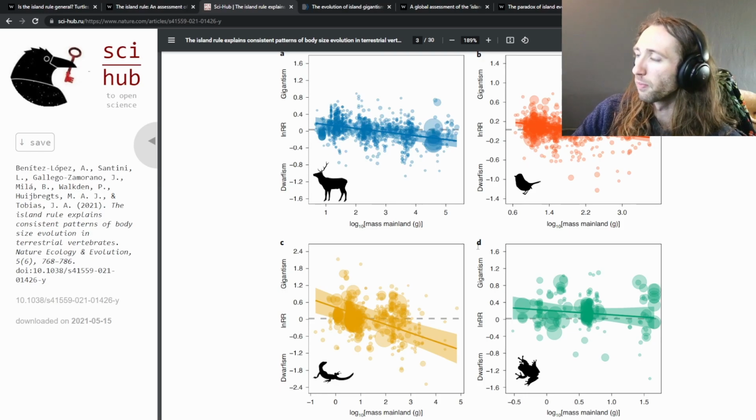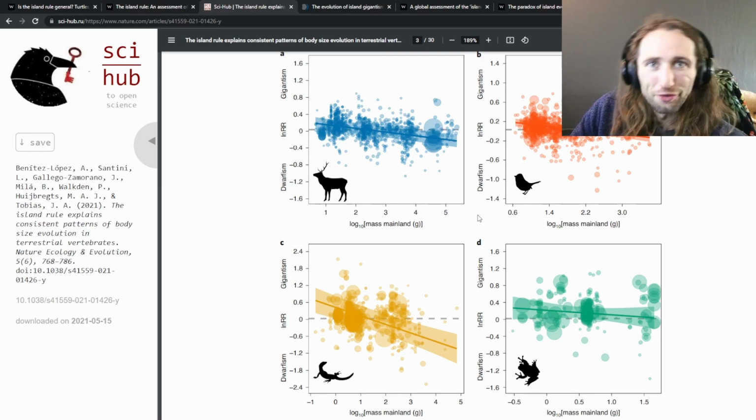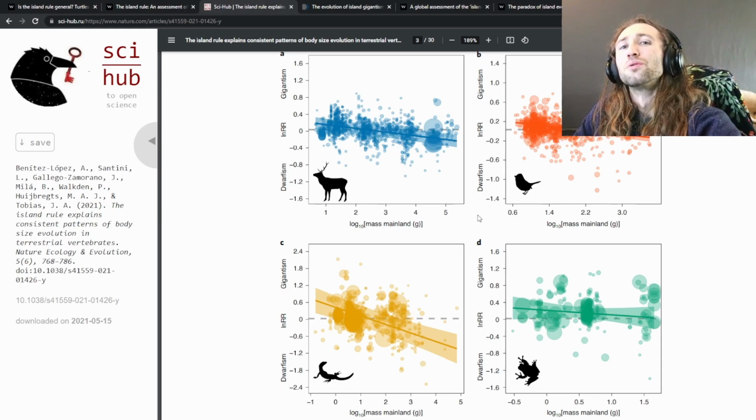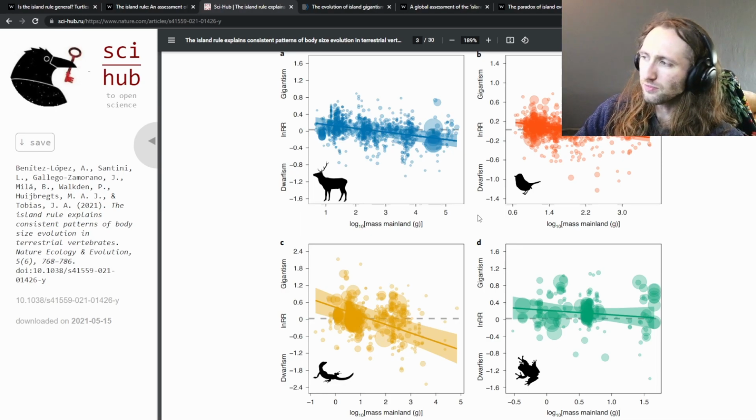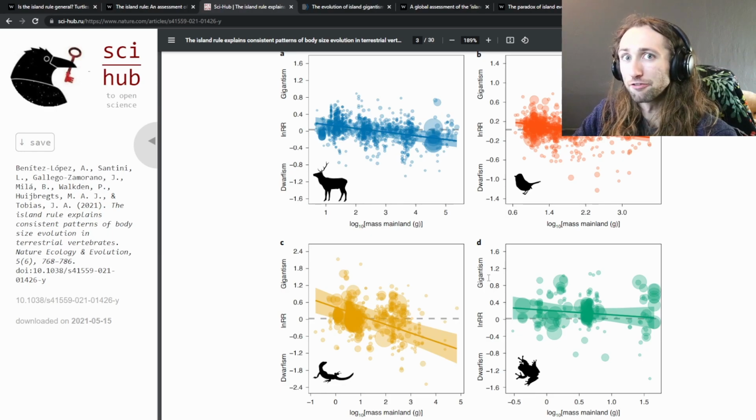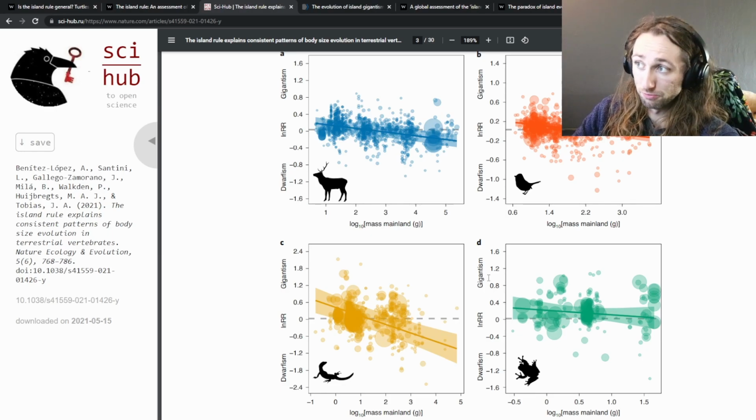than the others. So this one threw another wrench in the works, right? We're saying that, oh, wait a second, across the groups, we are detecting island size ratios. We are detecting island differences. And yes, some groups have the island rule showing true, while other groups do not show it as true, like the amphibians.